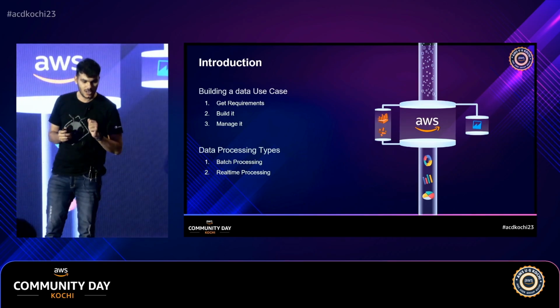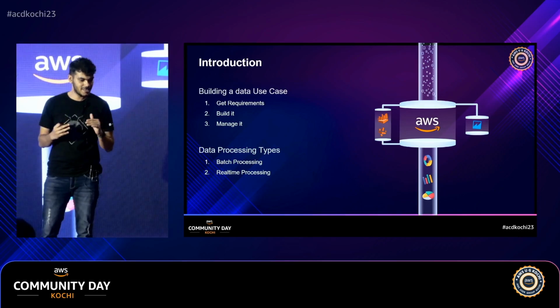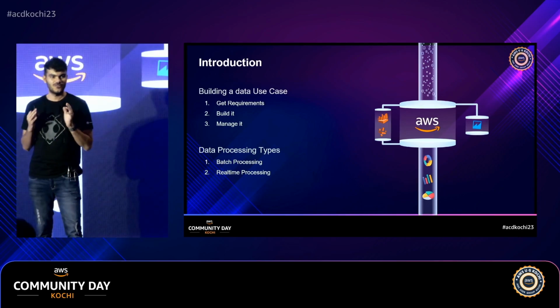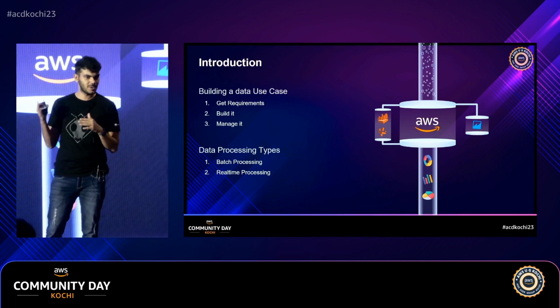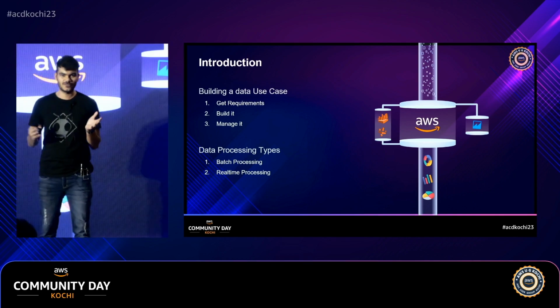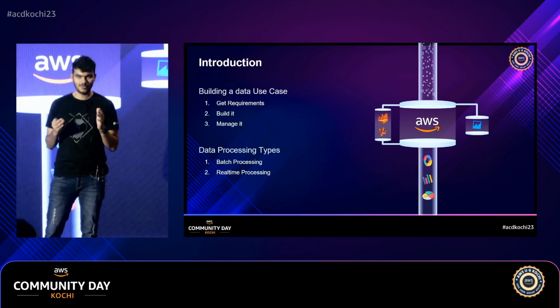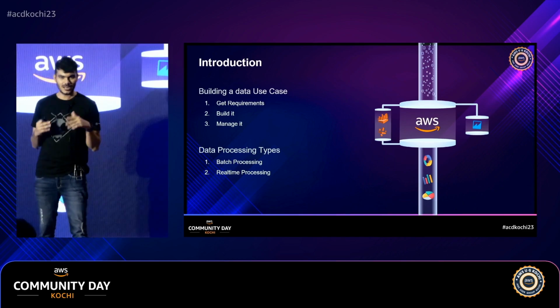So first of all, how does a data use case begin? Step one is getting requirements. If you're lucky, you'll get the exact requirements and you'll also know where to pick the data from. But in 90% of the cases, you'll get requirements from somewhere higher up in the management team. They'll tell you, I want this.